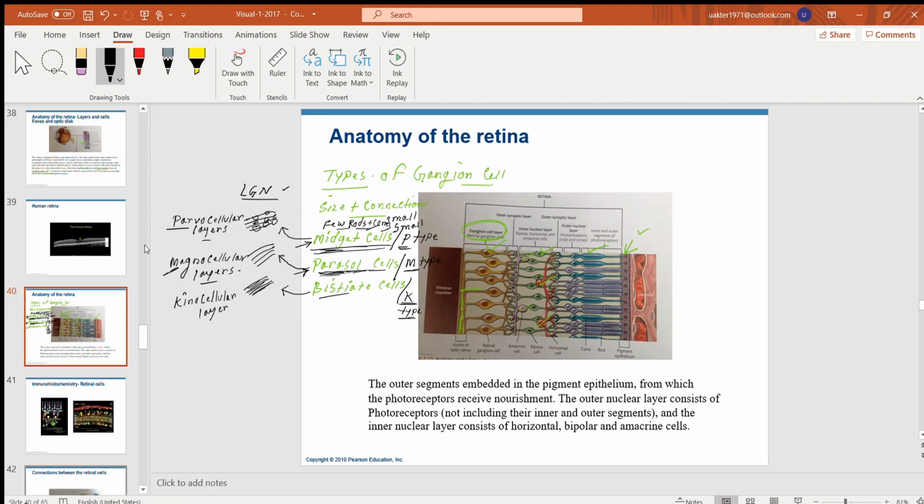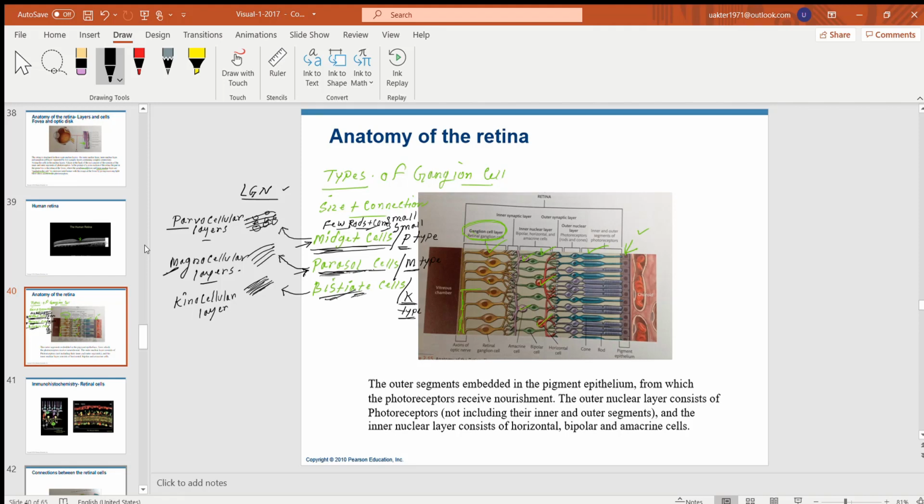Bistratified cells, the term came from size of the dust, so very small, and these cells have been identified much later than the midget and parasol cells, so relatively new and are recently identified cells, and these cells are sensitive to color too.